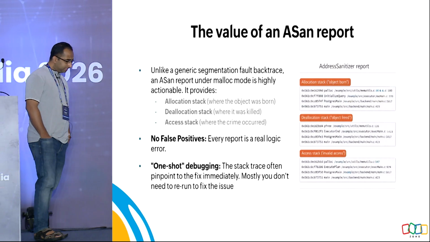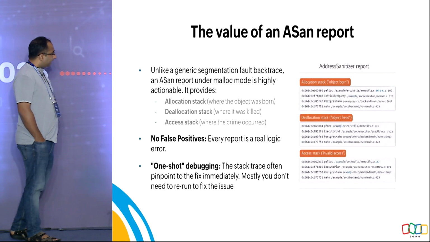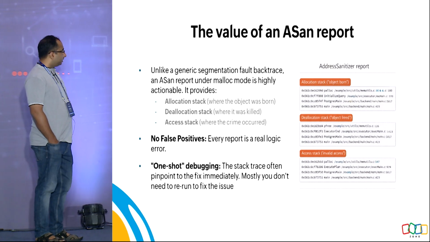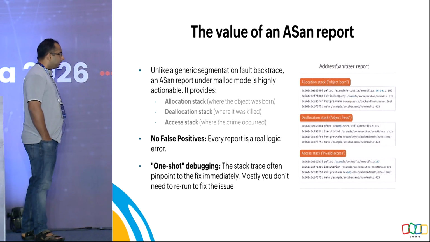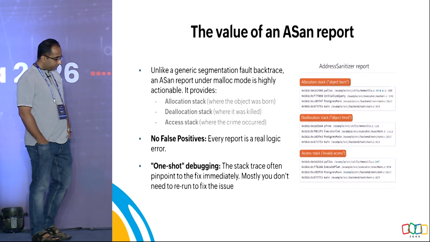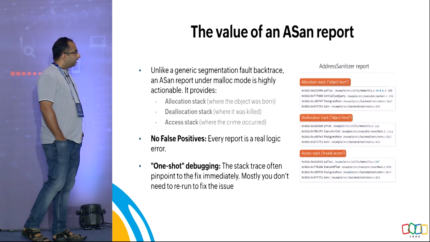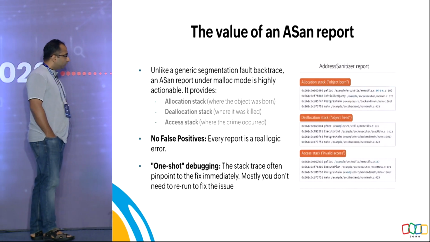This means you don't have any false positives, and every report is a logical error. So if you are using an AI, you could just give it this stack and it can accurately fix the issue.